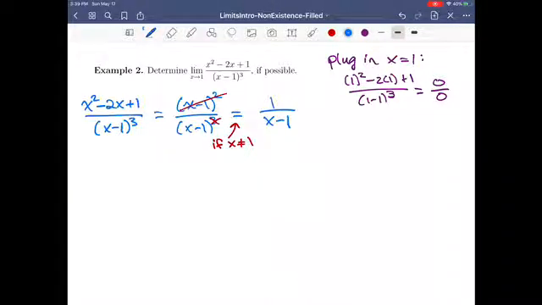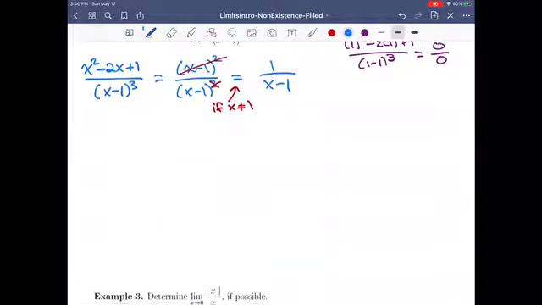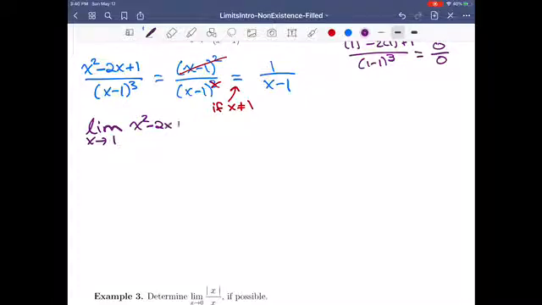As long as x is not 1, the function we started with and this function are the same. They're going to give the exact same values. So the limit as x goes to 1 of our initial function is actually equal to the limit as we go to 1 of our reduced function.